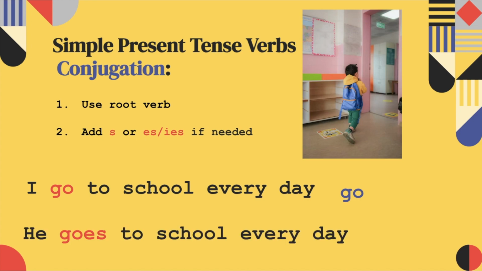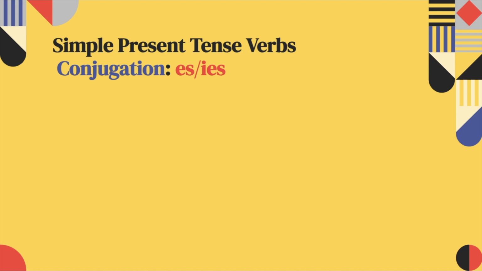I have to say, he goes to school every day, and we have added ES in this case. Let's now see when we use ES and IES with simple present tense verbs. For verbs ending with O, we have to add ES to the end of the word. Like we've seen with go, it became goes.